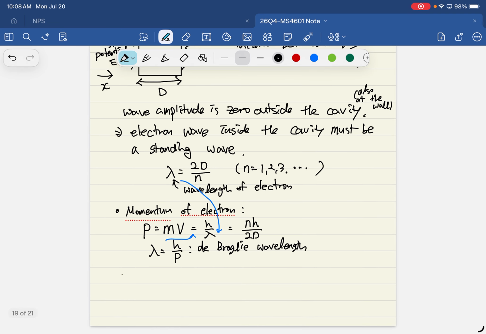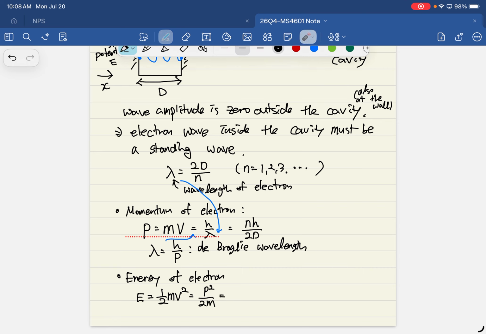And also we are going to express the energy of the electron. In this case, energy is given as 1 over 2 mv squared, the kinetic energy. We can also express it in terms of momentum, p squared over 2m.